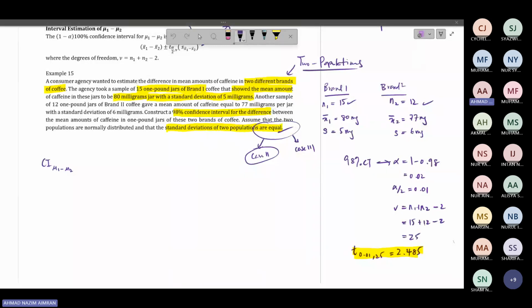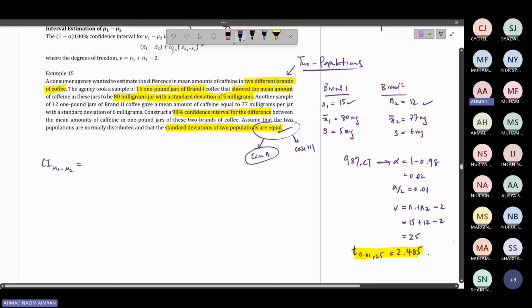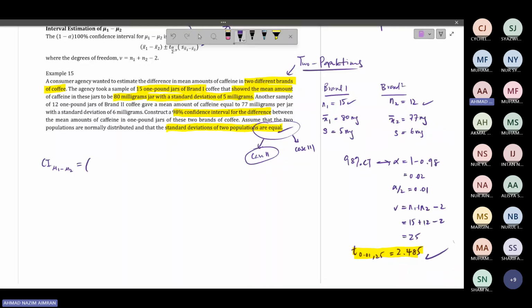So, we have obtained 2.485 and now we can calculate the confidence interval. X bar 1 is 80 minus X bar 2 is 77, plus minus T alpha over 2, which is 2.485. Oh, one more thing, sorry.